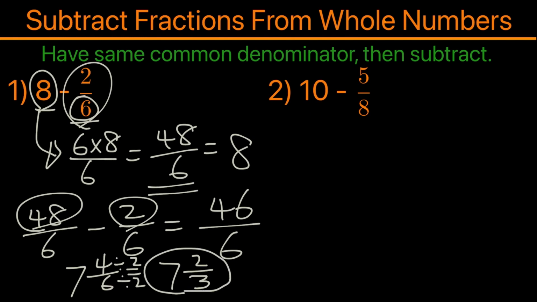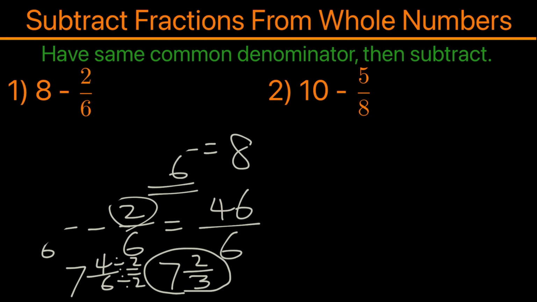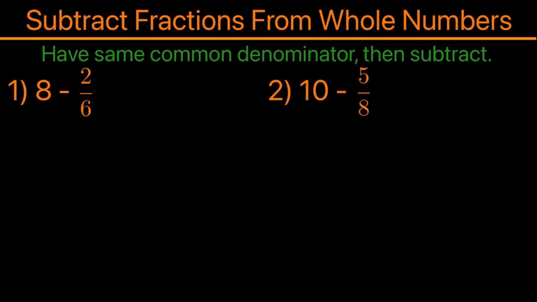Now there's also another way that you can do this. Since we have 8 as a whole number, we could take out 1 from 8 and make the whole number 7, and simply place 6 over 6 after 7.